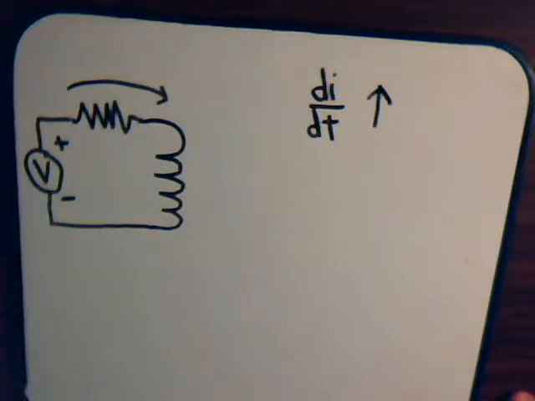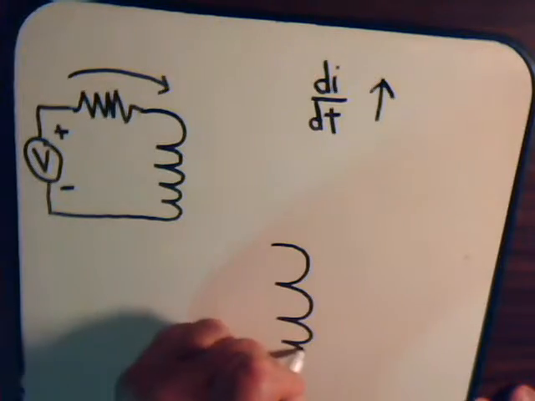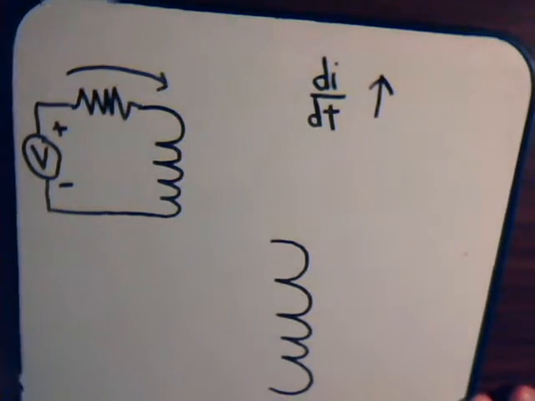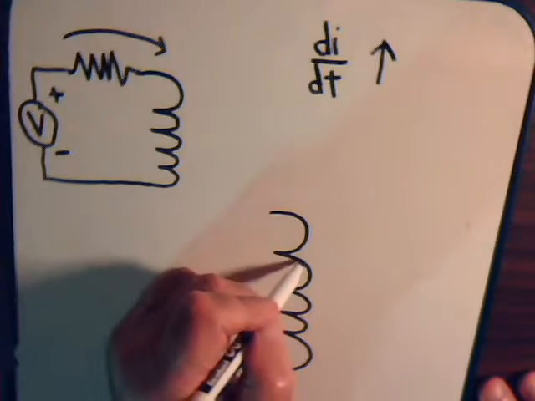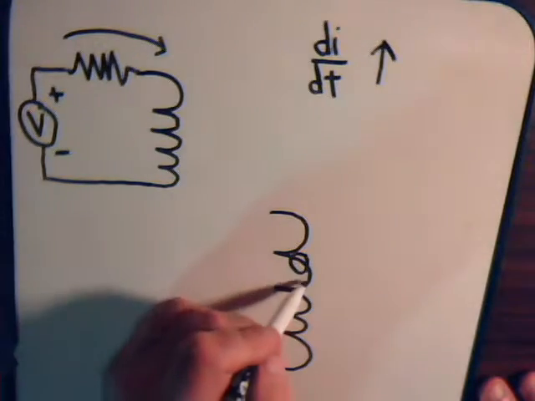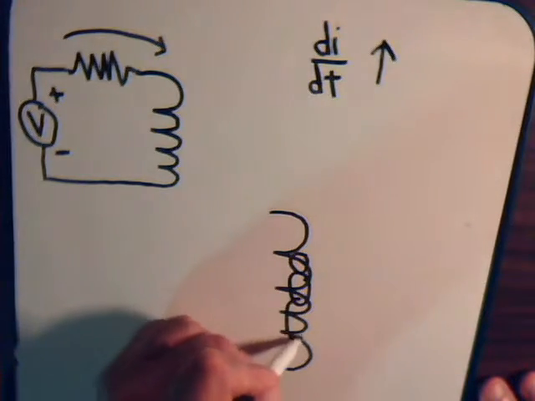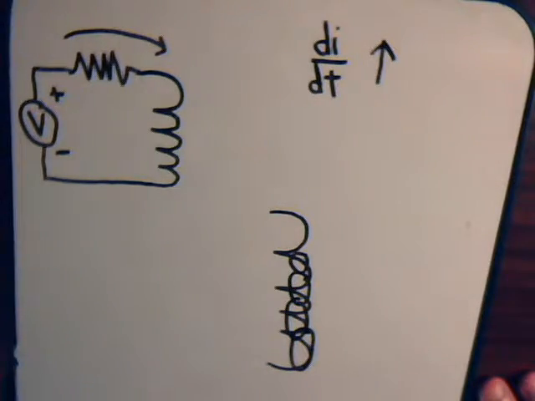Well, now with the coil, for each one of these turns of wire, there's going to be a magnetic field, and that magnetic field is going to be getting larger and larger. So it's going to be intersecting with these other coil elements here.